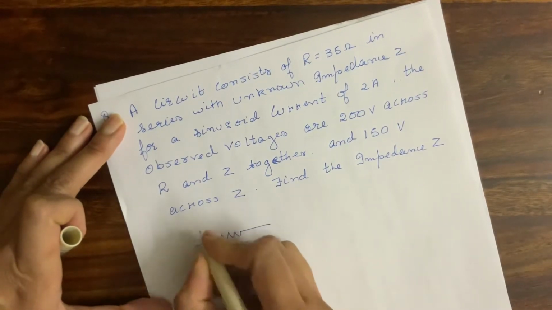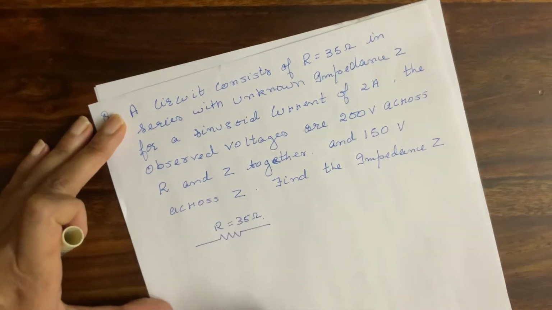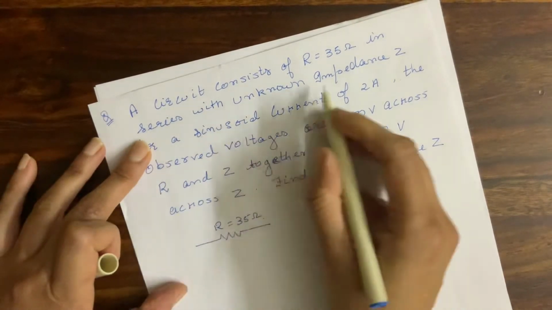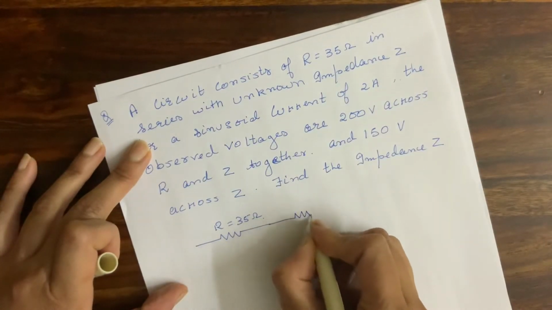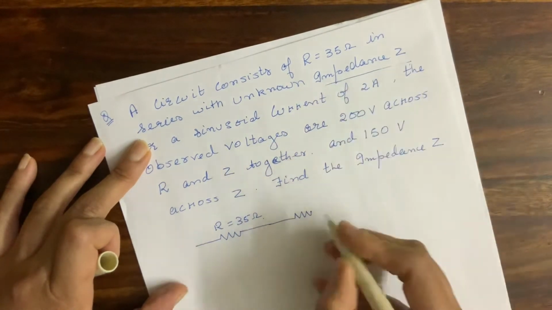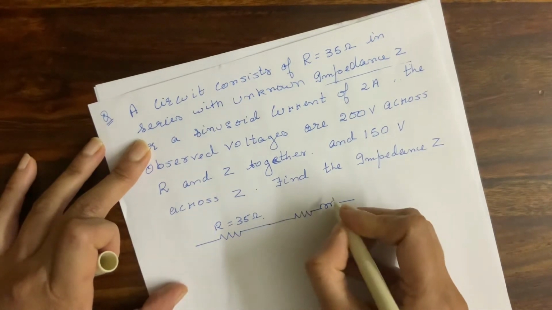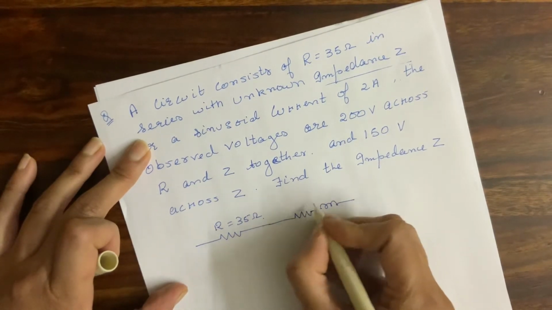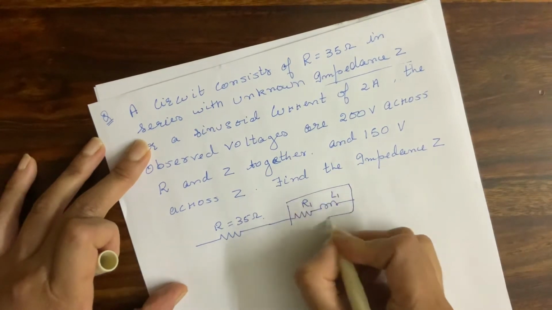There is a resistance given as R equal to 35 ohm and an unknown impedance Z. Whenever the impedance value is not specified, I will always consider that R and L are in series. Just to not make it complicated, I will always consider some R1, L1 value.